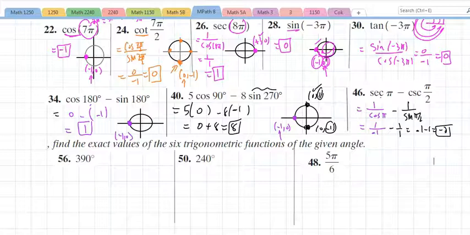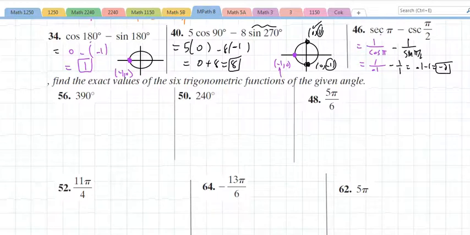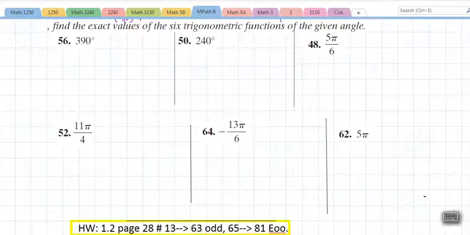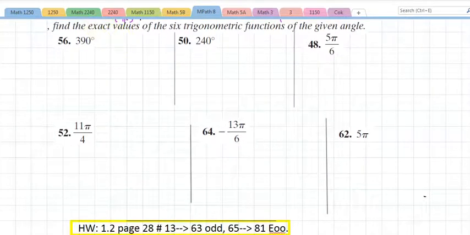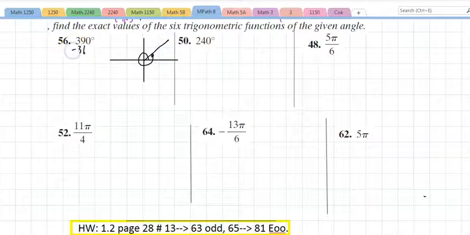Now, the beauty of what's to come. If I look at number 56, 390 degrees, I need to know what the coterminal angle to that is. So, this is 360 degrees and another 30. If I subtract 360 degrees, that's the equivalent.